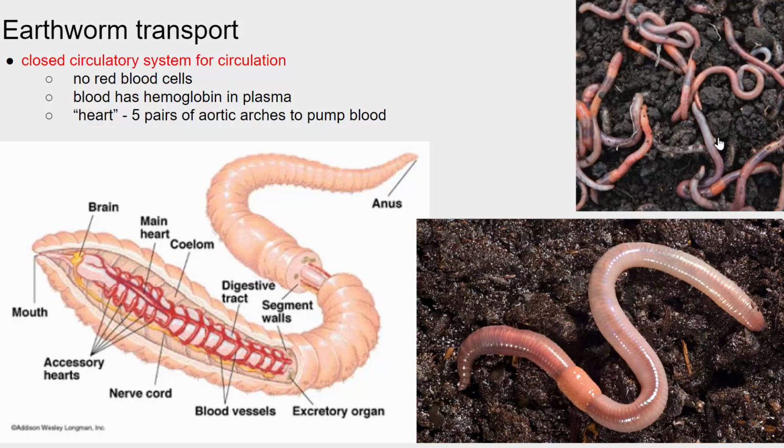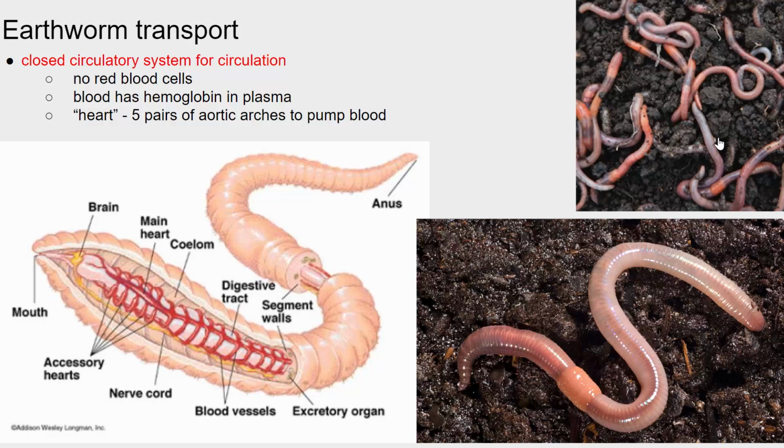So earthworms have blood vessels that transport the blood from one part of the worm to another. They have five aortic arches, sometimes called accessory hearts, and their purpose is to pump that blood through the circulatory system. Interesting thing about worms, they actually don't have red blood cells.